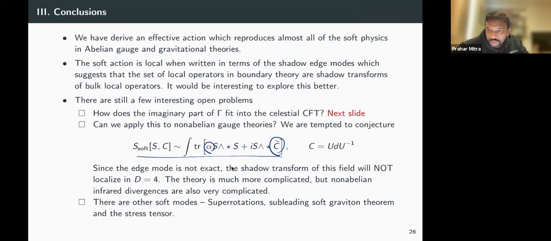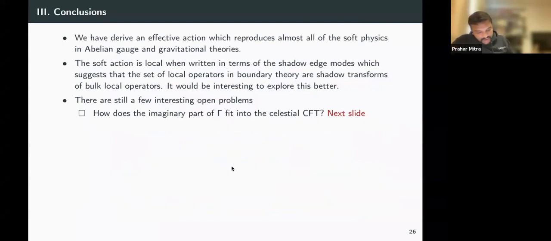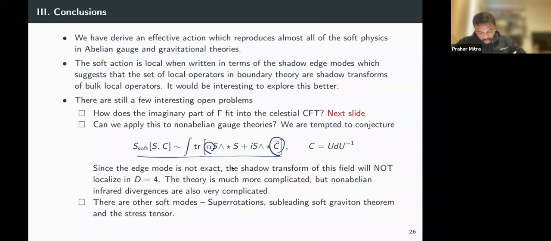There are other issues in non-abelian gauge theories, which I have completely overlooked in this discussion. In particular, when I'm trying to compute correlation functions of S1 all the way up to Sm, this seems to be unambiguously defined in gravity and abelian gauge theories.